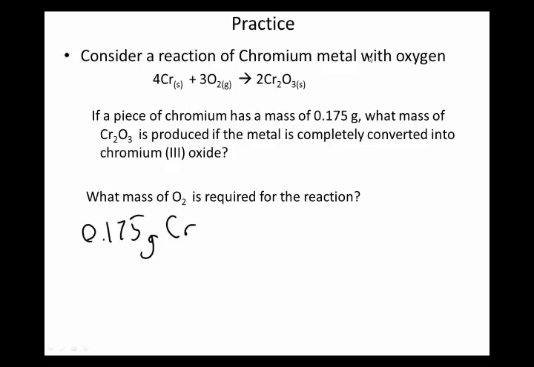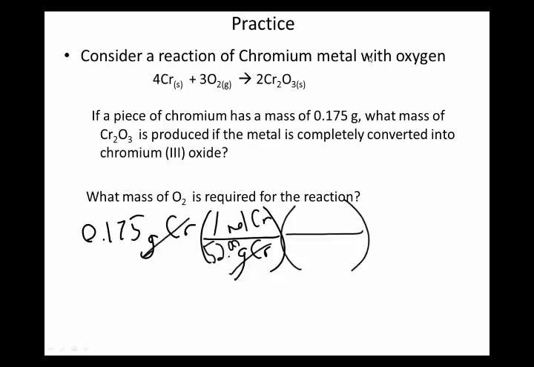So first things first, we've got to get into moles. Hopefully you're realizing by now that just about any problem you ever have, the first thing you need to do is get into moles, because we can't do really anything with grams. So we need to convert to moles. So here's the molar mass of chromium. Now I'm going to do this important step, the heart of stoichiometry. So moles of chromium here, moles of what I want to know about, Cr2O3, up here.